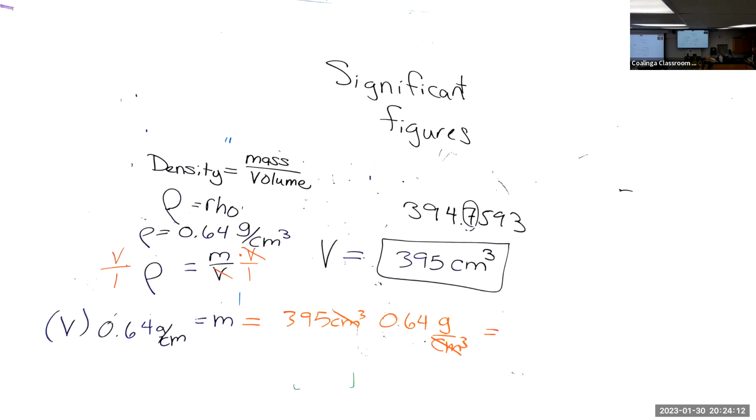Since our density is two significant figures, we want to end up with 2 sig figs. I got 5.8 and then down to 250 grams if we do 2 sig figs.